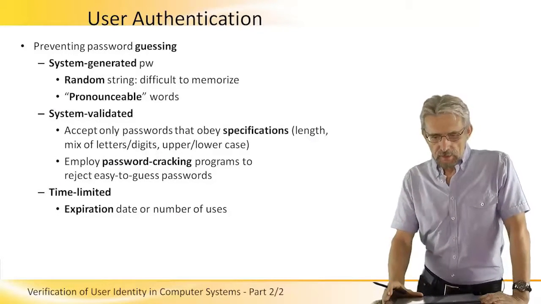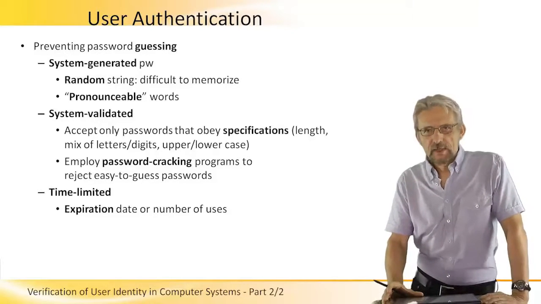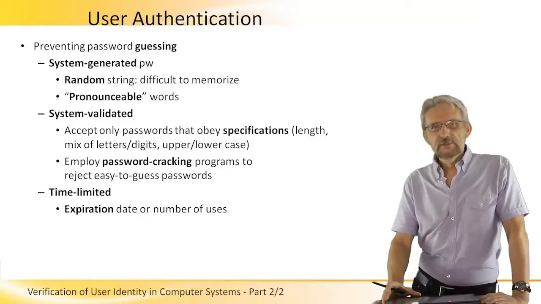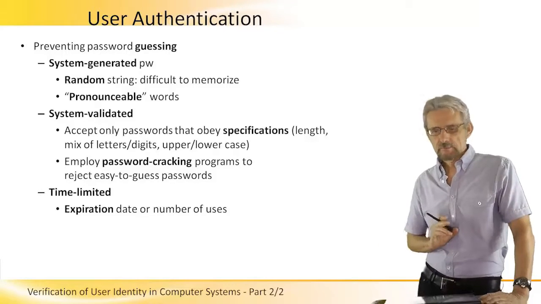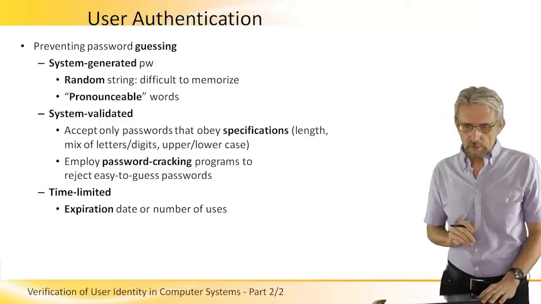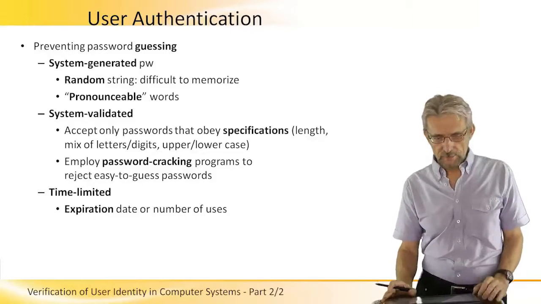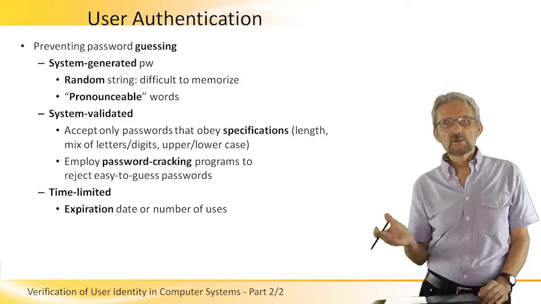So this is a game of cat and mouse, because everybody would like to have a password which is easily remembered, but if it's easily remembered, it's also easily guessed. And so there is always this dilemma between those two. Now how can we sort of mitigate the problem of guessing? Well, that could be a system-generated password. So you don't choose your own password.